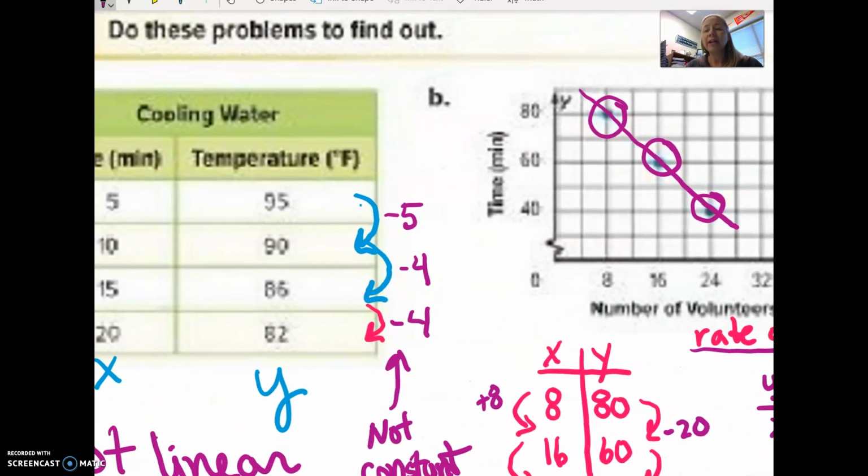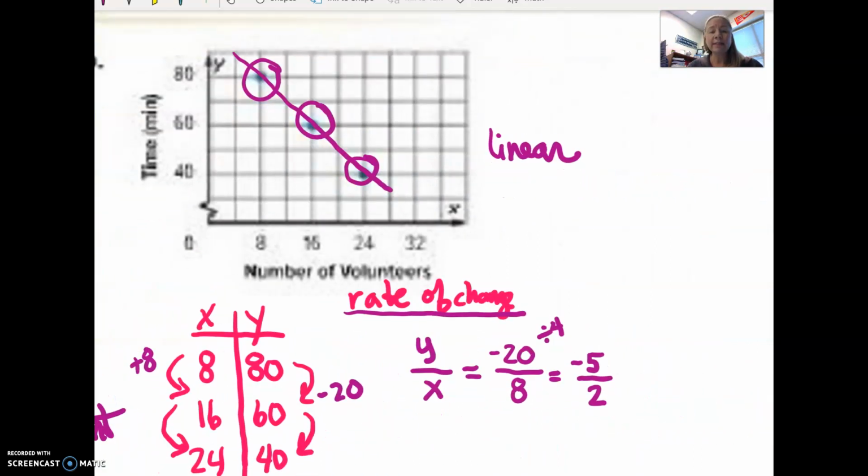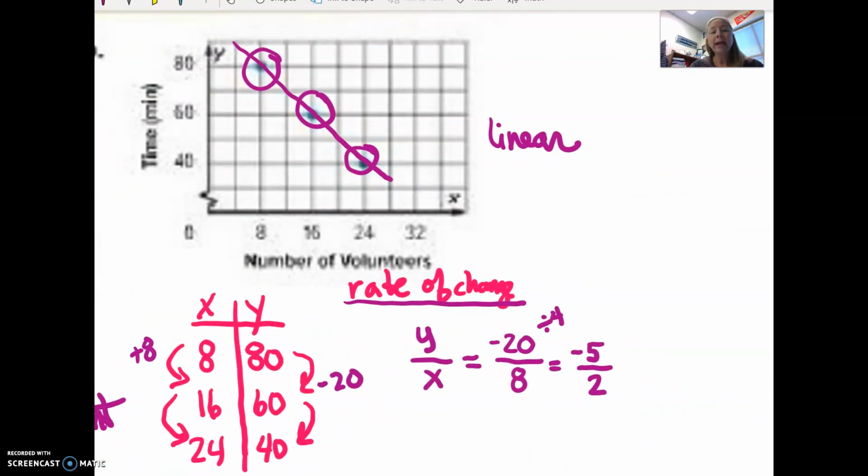Now, the other side of that is looking at a graph. So if we look at this example, first we had a graph with 3 points. So I can erase that there. I can see those 3 points. So what I did is I made an XY chart and I wrote those 3 points as ordered pairs.